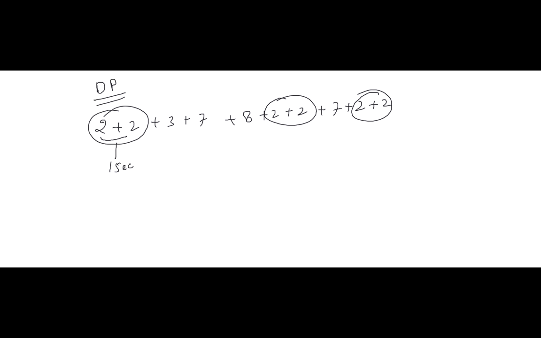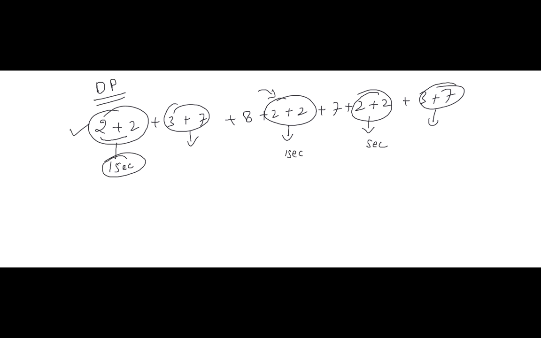So here I have to spend 1 second, and here also I have to spend 1 second, and it may be repeated multiple times. Similarly, this 3 plus 7 is also repeating, right? When we are calculating this the first time, we have to spend this 1 second, but when we see it the second time, we should not spend time calculating it.